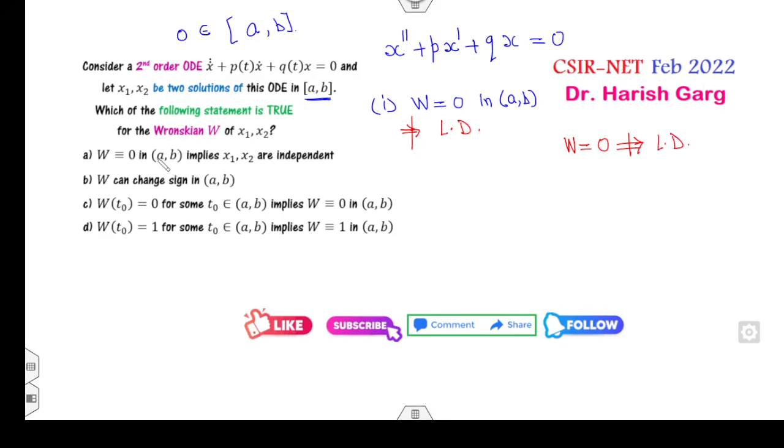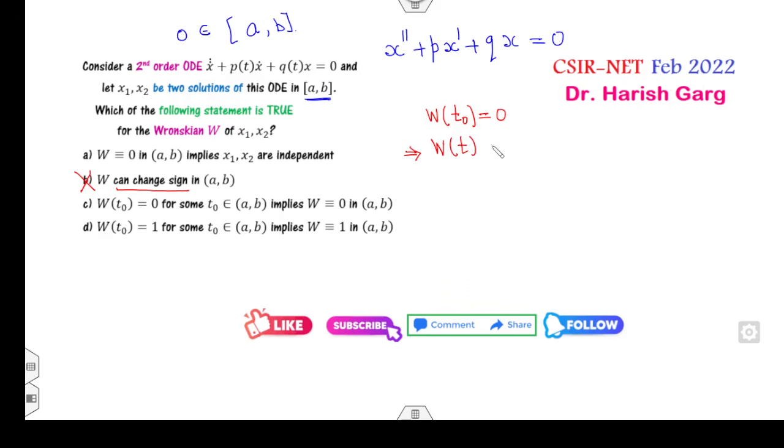Okay, we will see the first option later on. W can change the sign? I have told you many times, Wronskian can never change the sign. Look at the third option. Wronskian at some point is 0. What does it imply? Wronskian at the point t is also 0 for all those intervals, and the interval should contain t0. And that's true because t0 is in the open interval between a and b, so you will find it there too. That means 0 is satisfied. What is the D option saying?